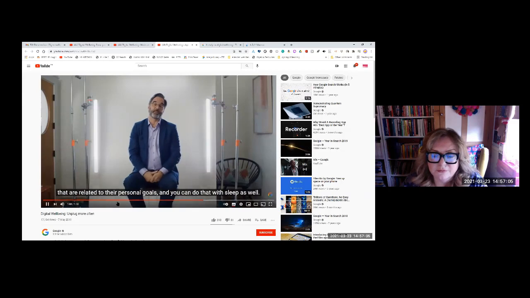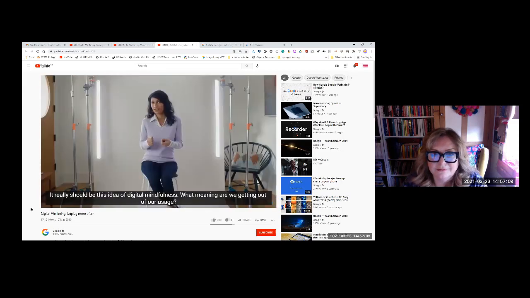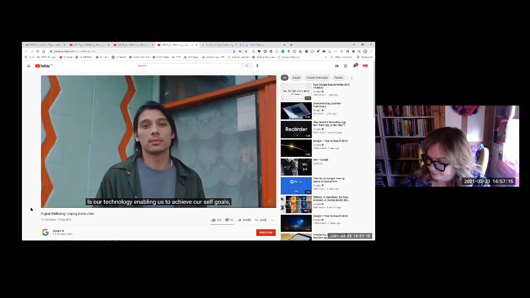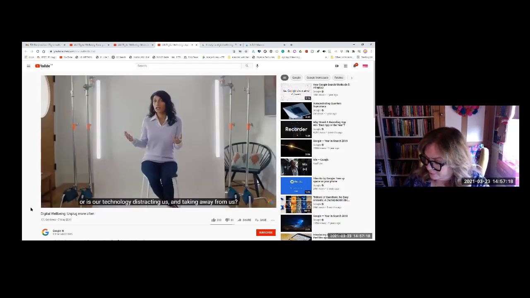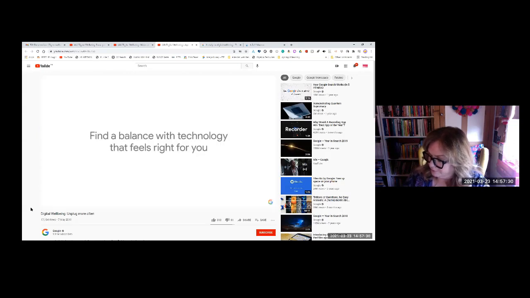And you can do that with sleep as well. It really should be this idea of digital mindfulness. What meaning are we getting out of our usage? Is our technology enabling us to achieve our goals? Or is our technology distracting us and taking away from us? It's really just about how do you balance all the different activities in your life in a way that's meaningful to you and that feels good to you.